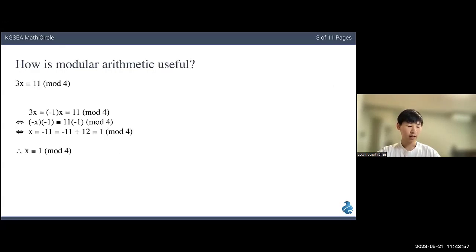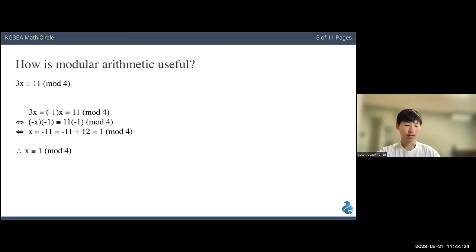So let's figure out how this new tool can be useful in a problem. Say that we're given 3x and 11 are congruent modulo 4, and we want to figure out what the remainder is when x is divided by 4. So first, using the multiplication arithmetic rule, we could write 3 as -1, because those two numbers are congruent mod 4.